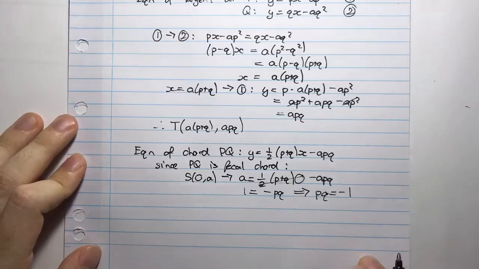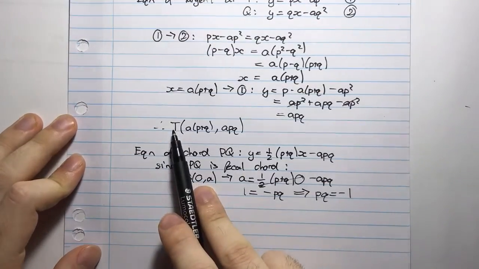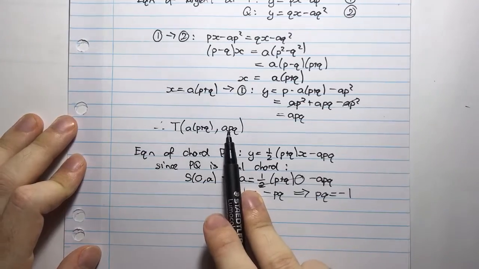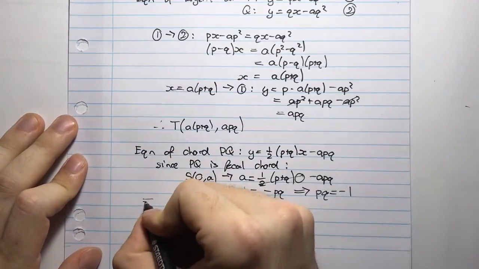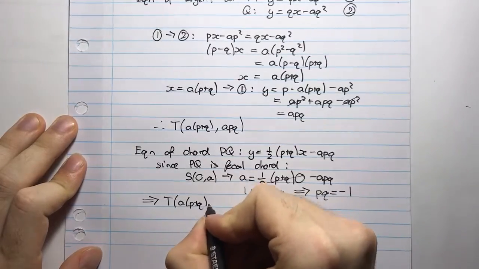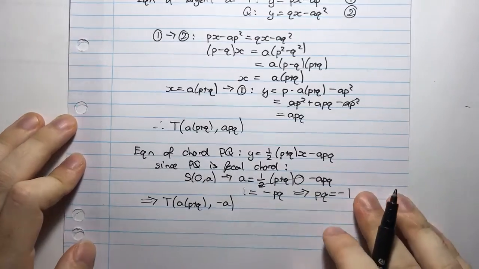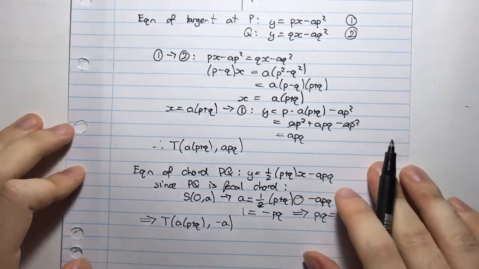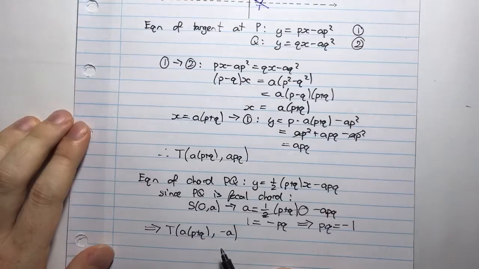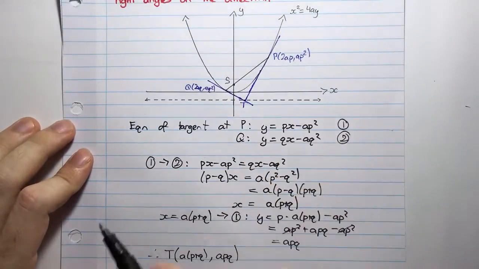So what does this tell us? If pq is -1, I can substitute this back into T because I have an apq here. And so this means that T has coordinates a into p plus q, comma, -a. The y coordinate is always equal to -a, regardless of the values of the parameters little p and little q.